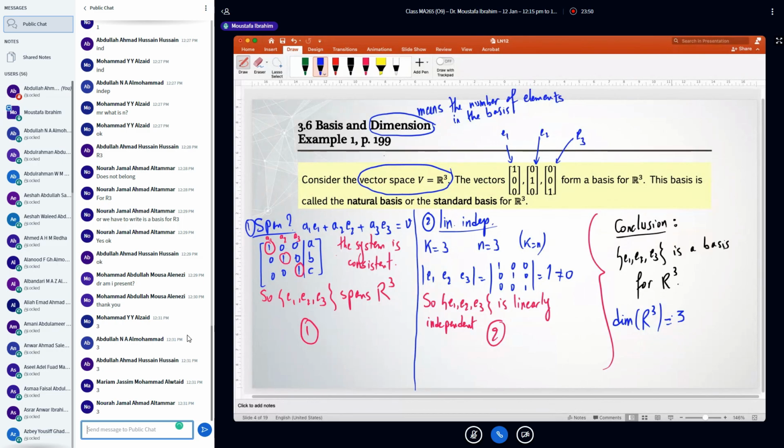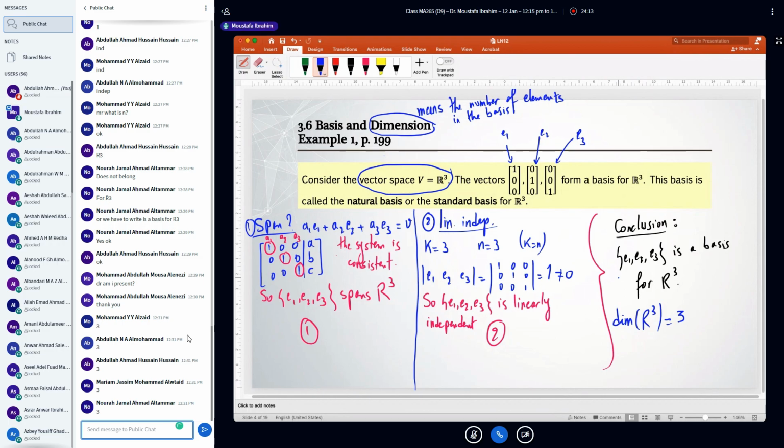So the dimension is always fixed, but the basis, we can find many bases. For example, if we multiply e1 by 3, it's also a basis, a new basis. But basically, you must always get 3 vectors. If you have 4 vectors, it's not a basis for R3 for sure. If you have 2 vectors, it's not a basis for R3 because the dimension of R3 is always 3.